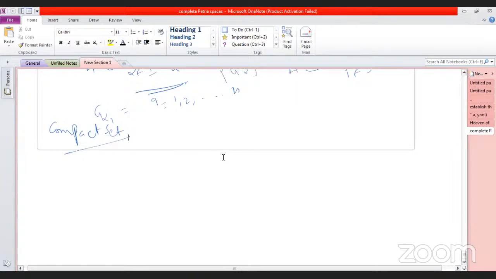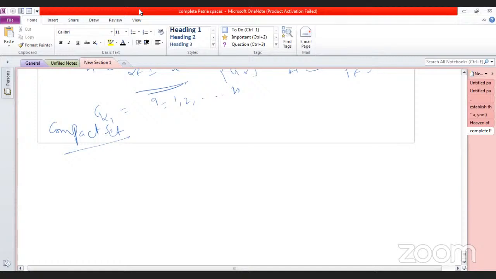What is the compact set? In every open cover, the subset A of a metric space X contains a finite subcover. Yes, sir.